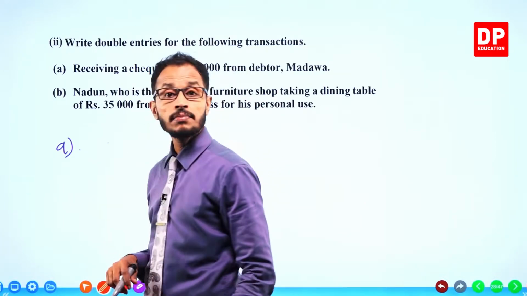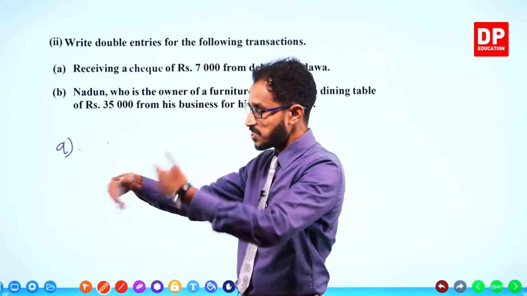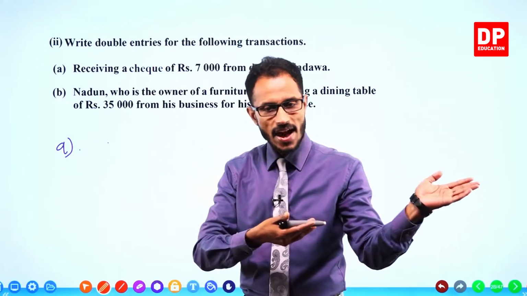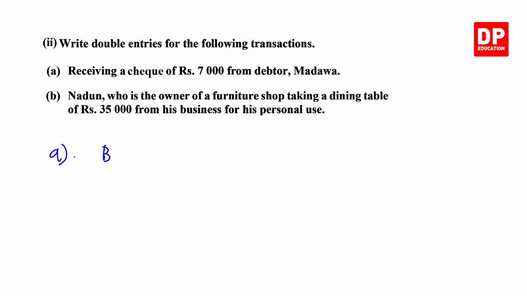What is the double entry? If the business gets a check, bank money increases. So bank debit, debtor credit. Bank account debit 7,000.